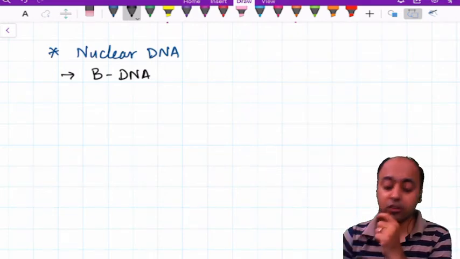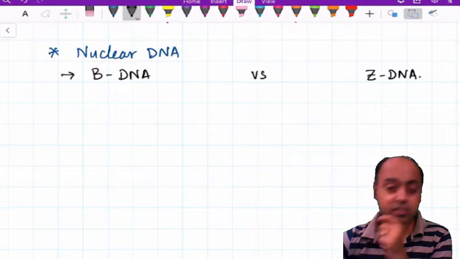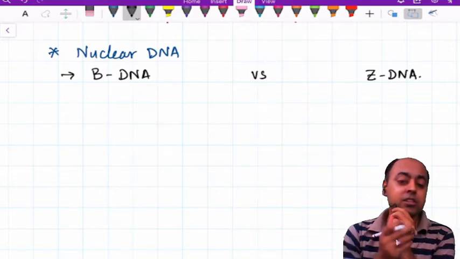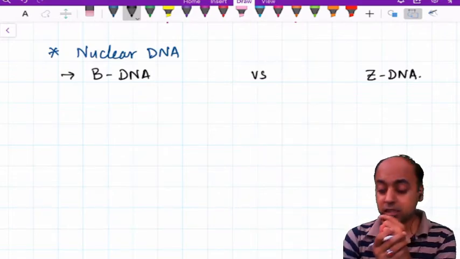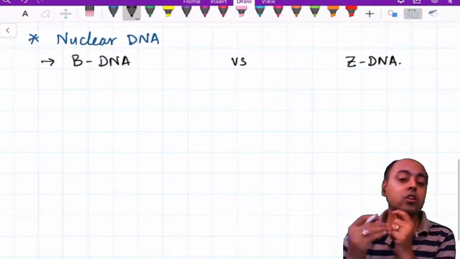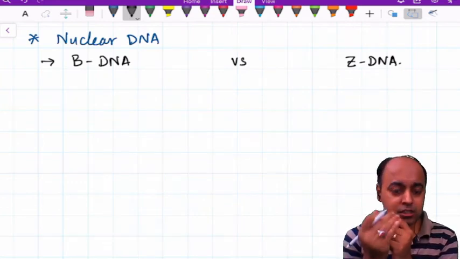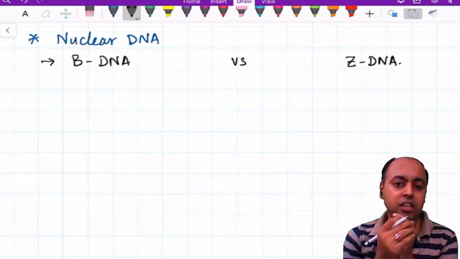Some very frequently get the comparison between the B form versus the second most common, that is the Z form of DNA. So let us first discuss the B form DNA and then we'll compare with the Z form of DNA. When you get the question, write a short note on the B form of DNA, there are certain points that you should know.